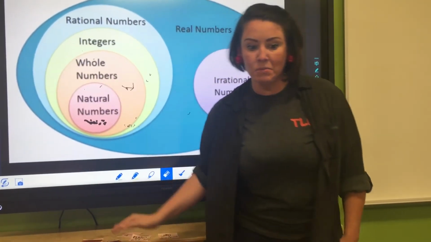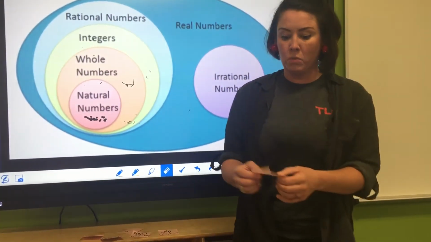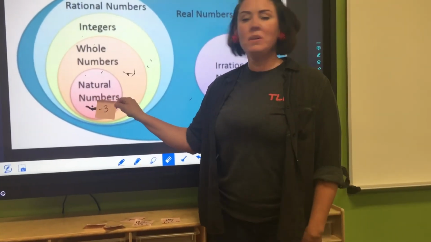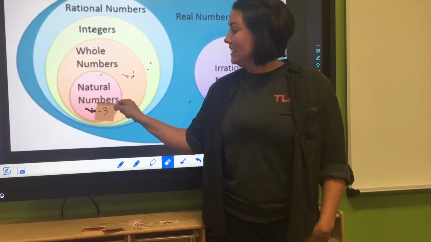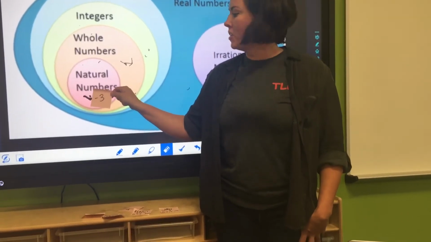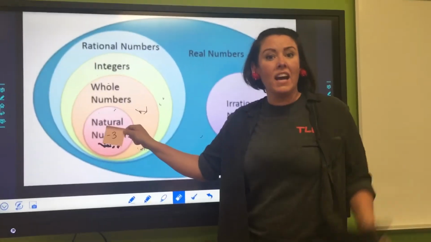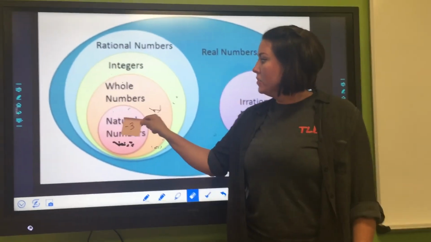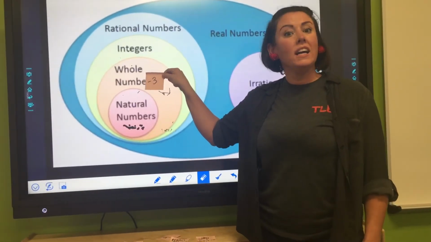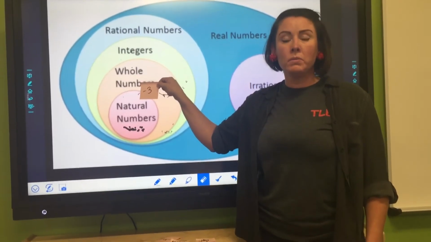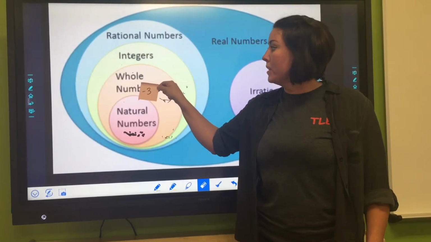Let's try some different, trickier ones. Ooh, there's a negative. We're going to start in the middle with our natural numbers. Is -3 a natural number? No, because it's negative. I can't count negative numbers on my fingers. So I move out to the next category. Is -3 a whole number? No, because negative numbers are not included in our whole number category.